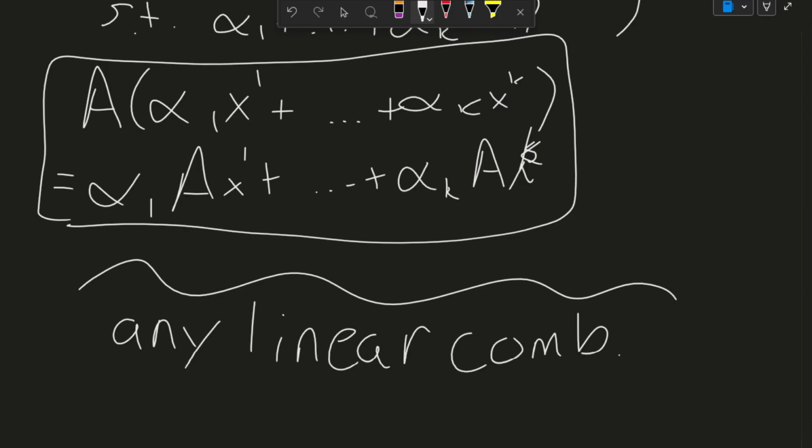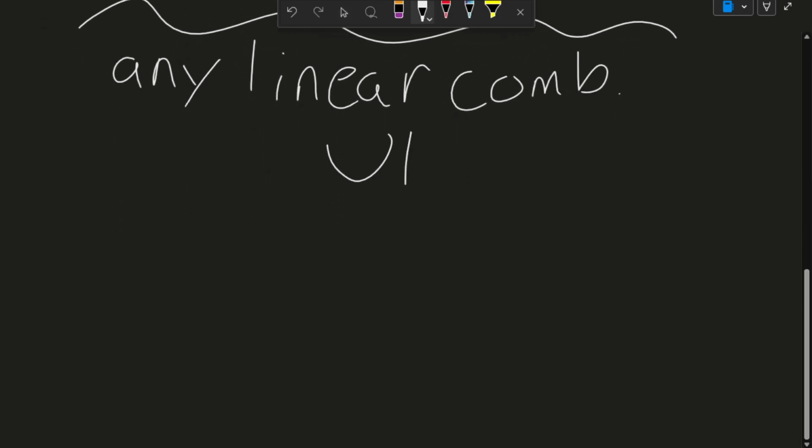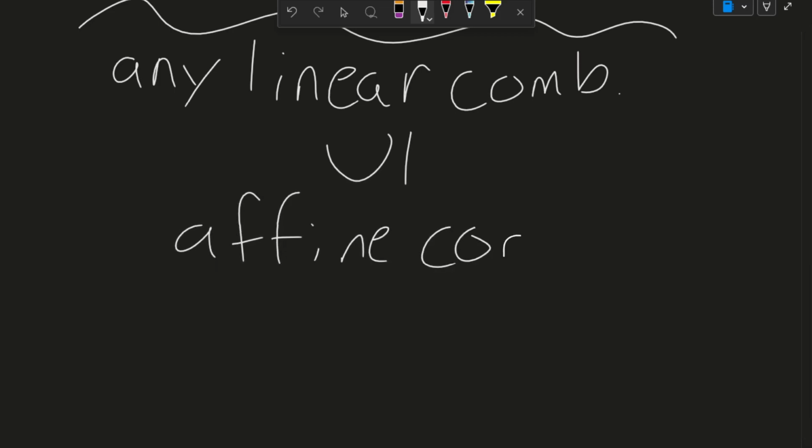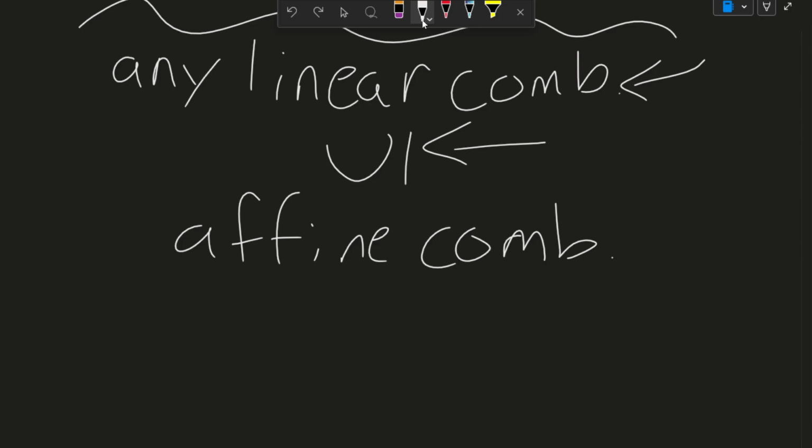However, a subset of linear combinations is affine combinations. And you can think about the fact that I have to distribute over linear combinations as being a number of constraints that we put on our transformation. This bottom thing is a subset of this top thing. What I'm saying is basically there are fewer affine combinations than there are linear combinations.